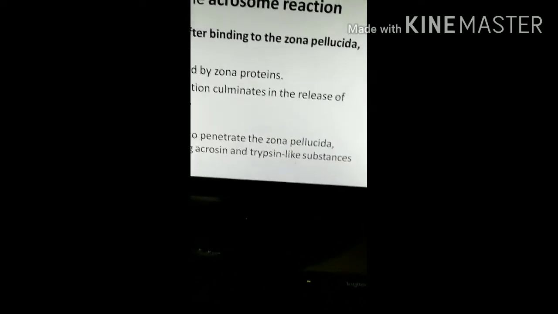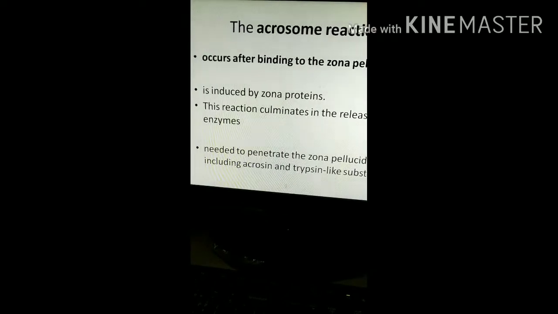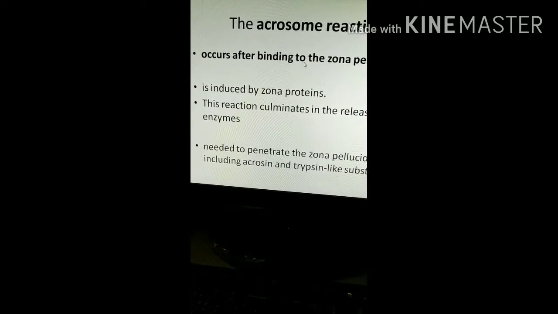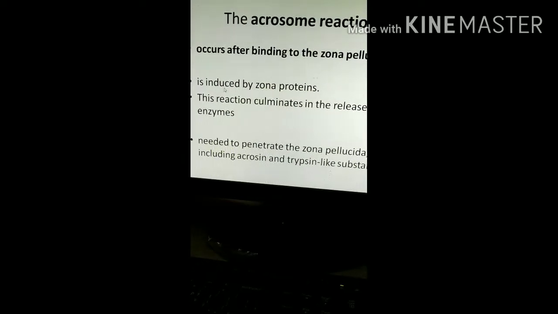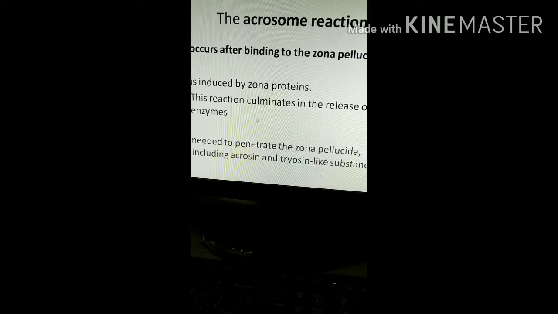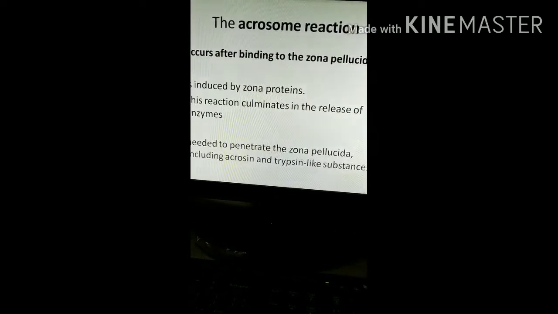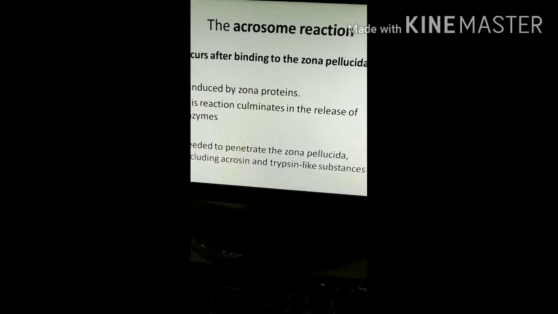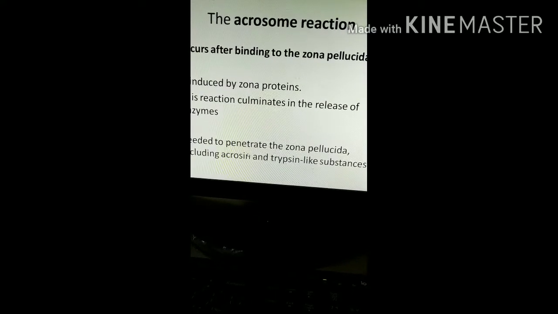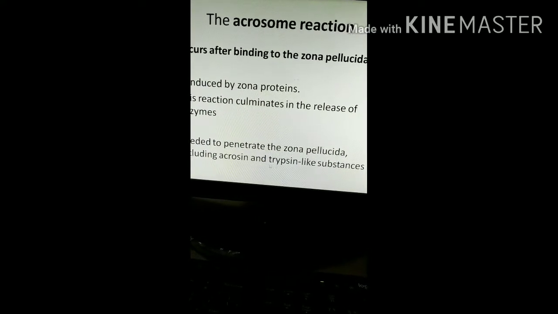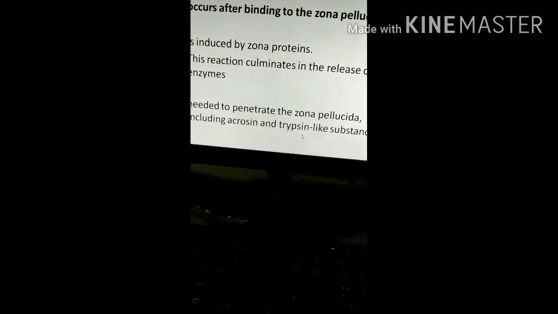After capacitation, the acrosomal reaction occurs. In this reaction, there is binding of sperm to the zona pellucida, and this reaction is induced by the zona protein, followed by the release of enzymes. These enzymes are needed to penetrate the zona pellucida. The enzymes, acrosin and trypsin-like substance, come from the acrosomal cap of the sperm.